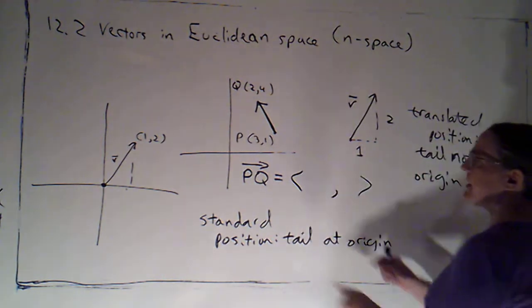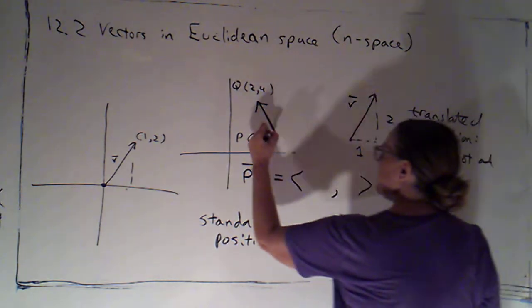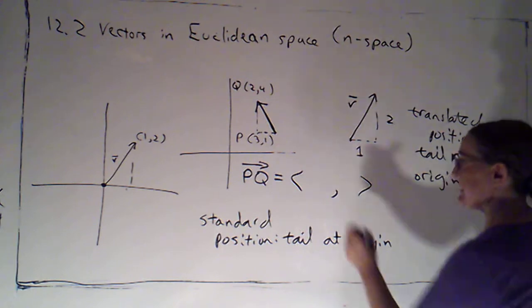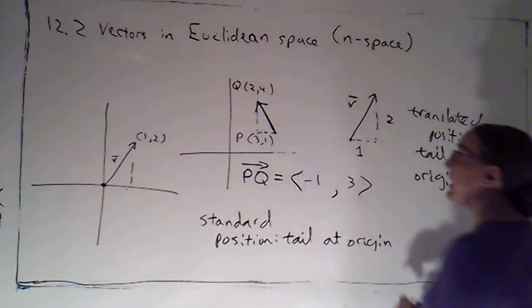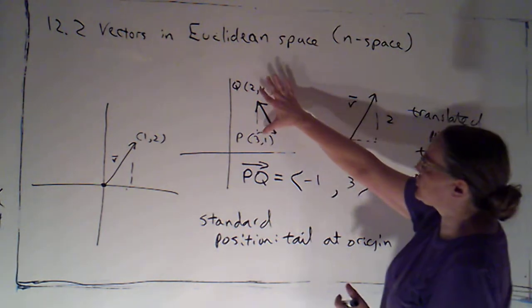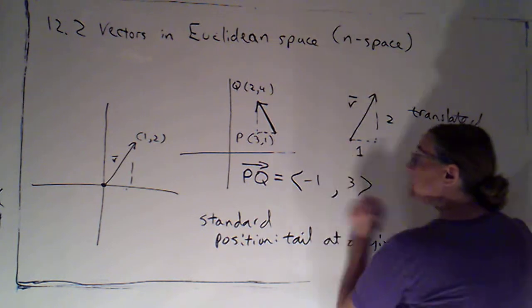So I say, if I'm starting at (3, 1) and I'm ending at (2, 4), I'm going to have to go back 1, and it looks like up 3 in this case, so that would be (-1, 3). Notice I can get these numbers by simply subtracting the components of P and Q. But the order matters.